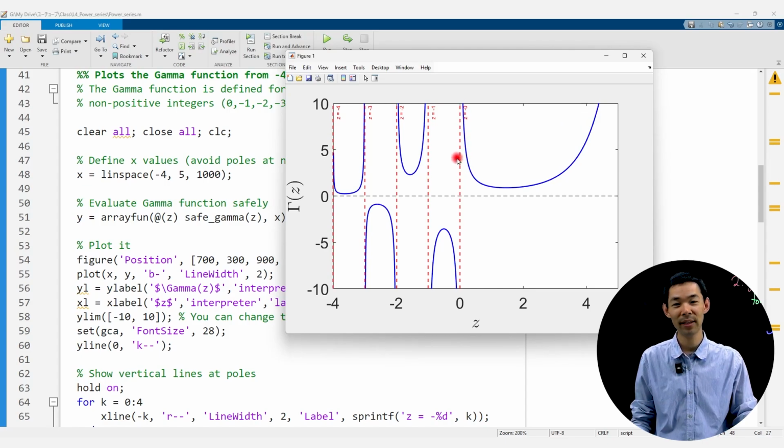It jets off to positive infinity, negative infinity. Between 0 and -1, it has a well-defined function. And then at -1, it jets out to infinity, -2, -3, -4, etc. So all non-negative integers are fine. But when you have negative integer values, this function diverges on itself.